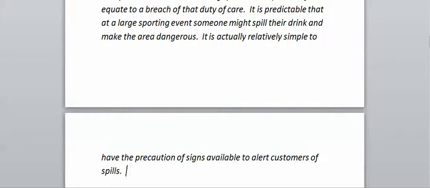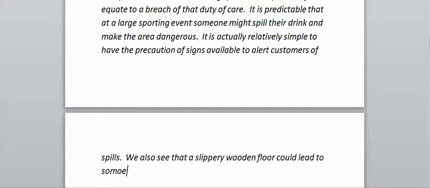We could have taken precautions, and we might finish by saying we also see a slippery wooden floor could lead to someone slipping. In summary, we think there's a breach of a duty of care there. You could have argued the other way, but I'm going to argue this way. You're not wrong if you did the other way, if you had some facts that supported you.